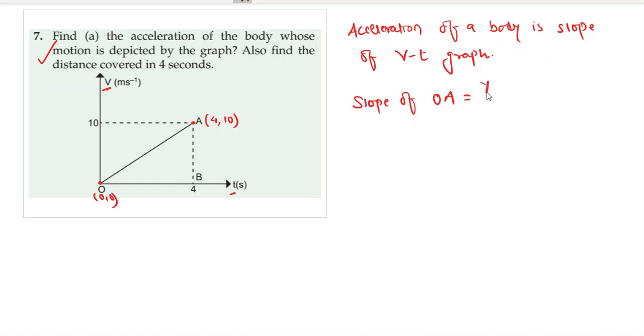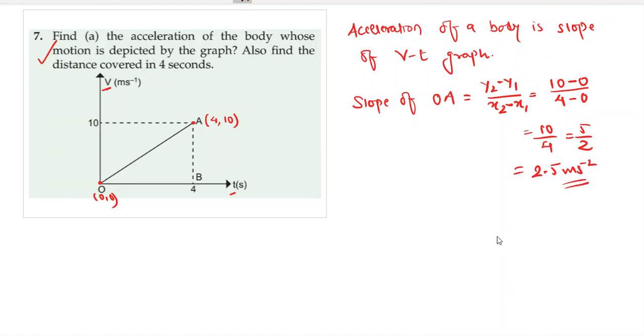So the slope is y2 minus y1 upon x2 minus x1. So what is y2? 10. y1 0, x2 4 and x1 0. So 10 by 4, which is 5 by 2, which is 2.5 meter per second square. This is the slope of OA, that is the acceleration of the body.